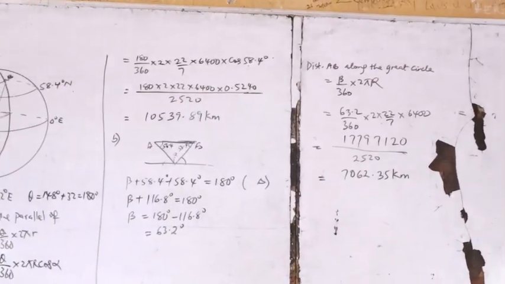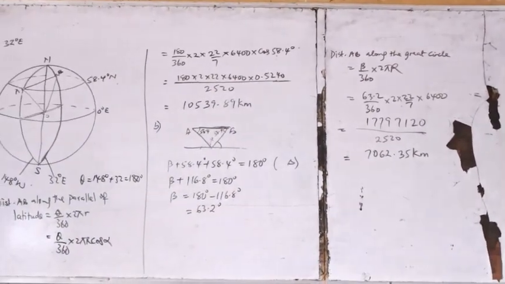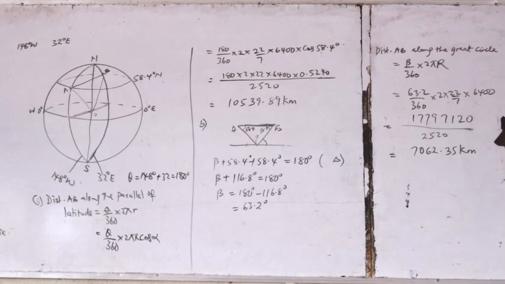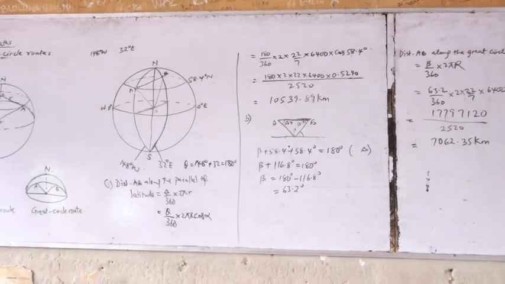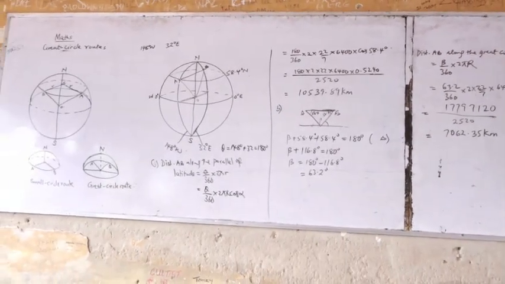Let me give you the second example where the angular difference will be less than 180. If it is less than 180, it's not going to be as easy as this.